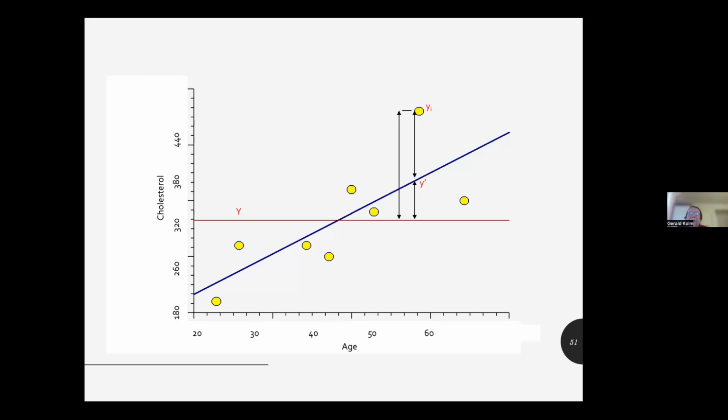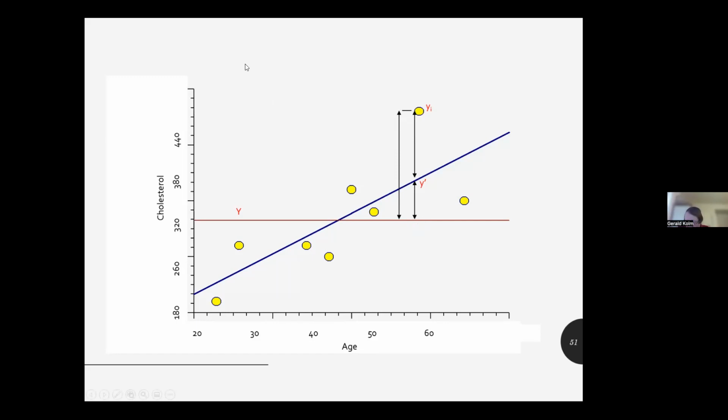And then we can look at the difference between the observed value and the predicted value on the regression line. So you can see that what we've basically done here is partition this distance into two separate distances between Y and Y prime and the mean.